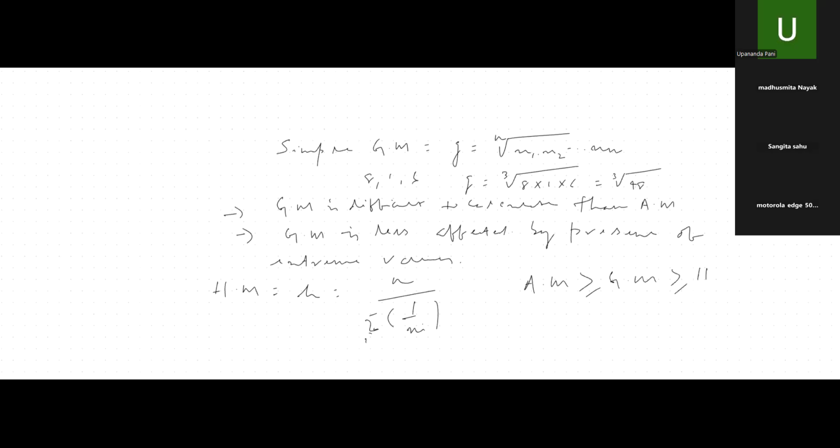Is it clear? Yes, sir. If you want to cross verify, you can always do so. Arithmetic mean will always be higher than the geometric mean and then the harmonic mean.